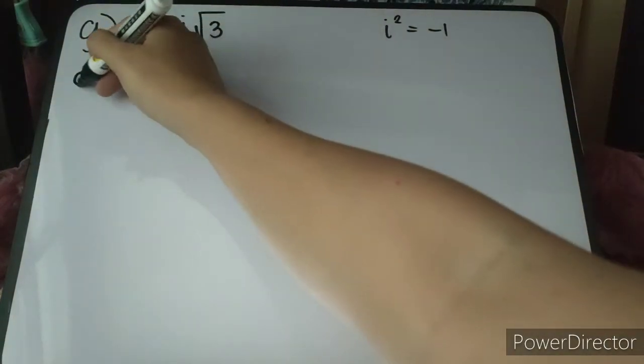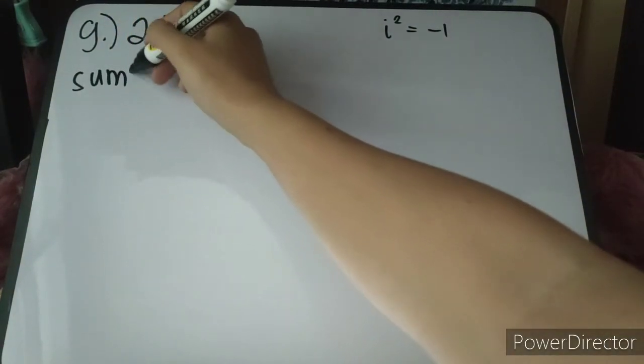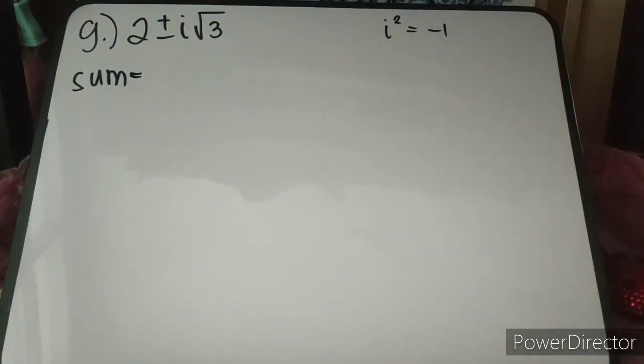Let's find the sum. Kagaya ng ginawa ko kanina, sabi ko, it's like adding a binomial to another binomial. Aligning the similar terms kasi a whole number will be only added to a whole number, or rather integer to an integer, and radical number to a radical number.